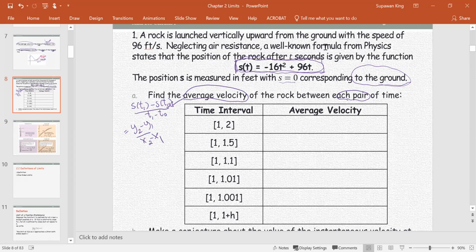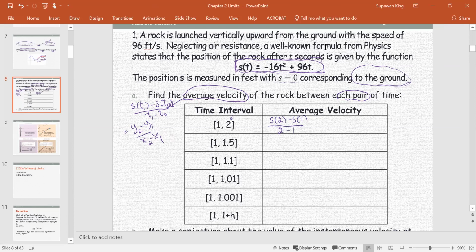We just use the notation based on its application as the position function. For the first example, the first point in time is 1 and the second point in time is 2. To find the average velocity, we take the position function at 2, the second point in time, minus s at 1, divided by 2 minus 1.